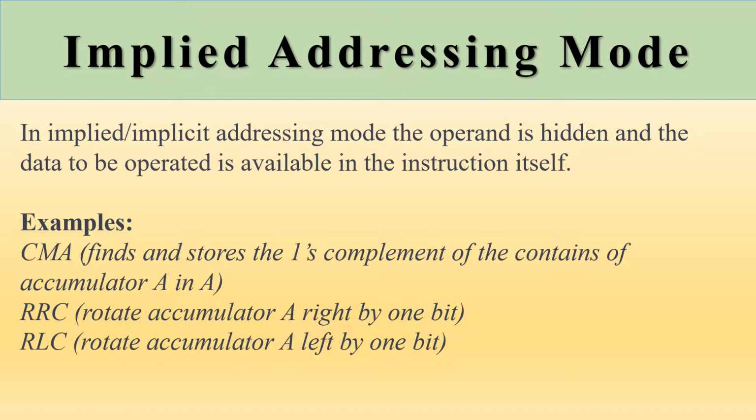Say for example, CMA. The instruction will complement the register A and put the result in register A, right? So it is complement instruction. RAR, rotate right. So the accumulator is rotated right. You don't specify the operand directly in the instruction. So these are a few examples of the implicit addressing modes.